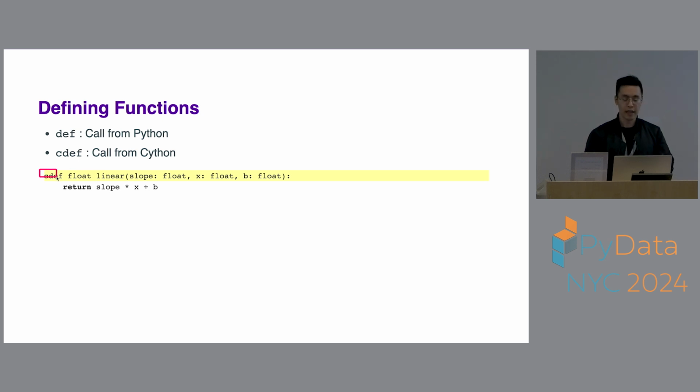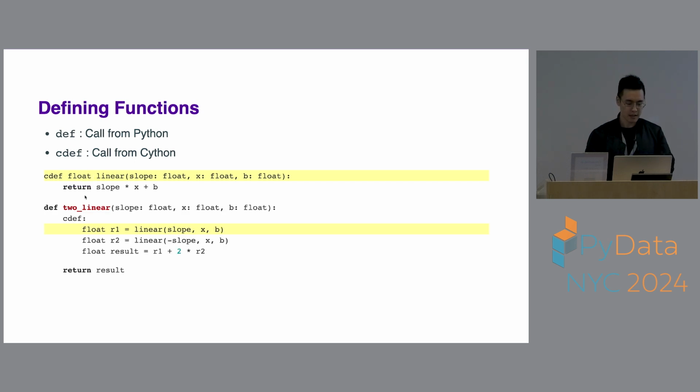It's cdef, so I can only call it from Cython. It returns a float, just like any other compiled language with types. And I can call it like so, from a Cython function. You can see that I can also use cdef to define types, just like in C++ or Rust or C. This is all allowed in Cython.